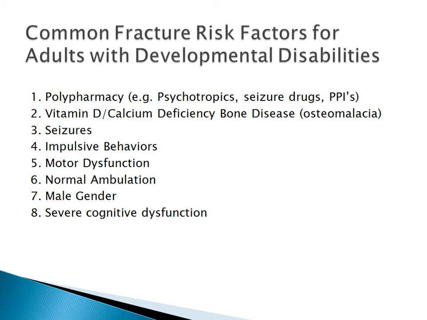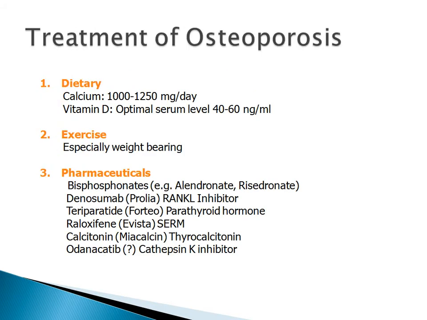Strangely, it appears that those people with severe developmental disabilities that can ambulate normally are at greater risk for fracture. The male gender and severe cognitive dysfunction is also associated with an increased risk for fracture in people with developmental disabilities. The treatment of osteoporosis includes dietary approaches, exercise, and pharmaceuticals.